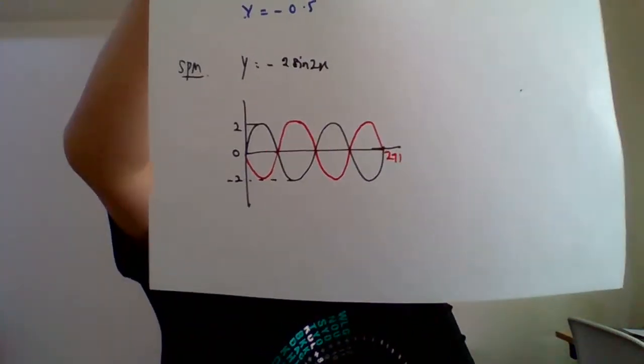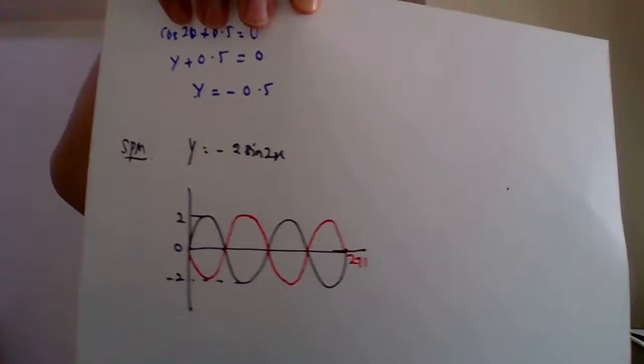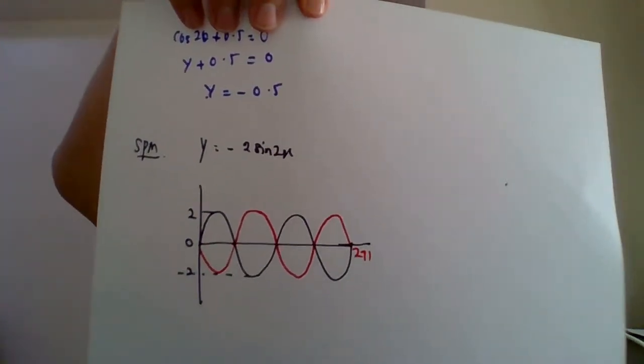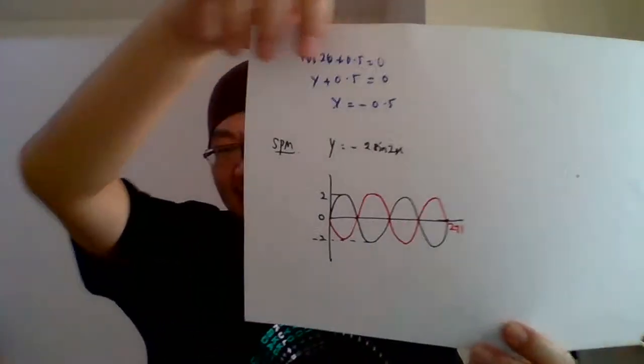So positive becomes negative, negative becomes positive. So what will happen? What is your actual graph? Okay, your actual graph is the red color, after we reflect because of the negative. Alright. So padam the black color. You need to rub the black color. Alright. So let me draw again the final answer here.